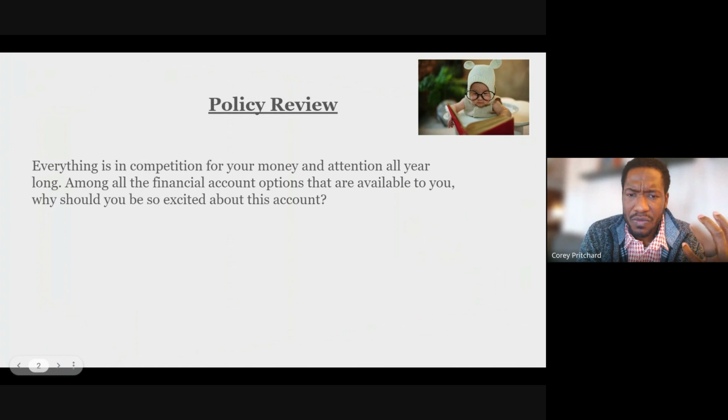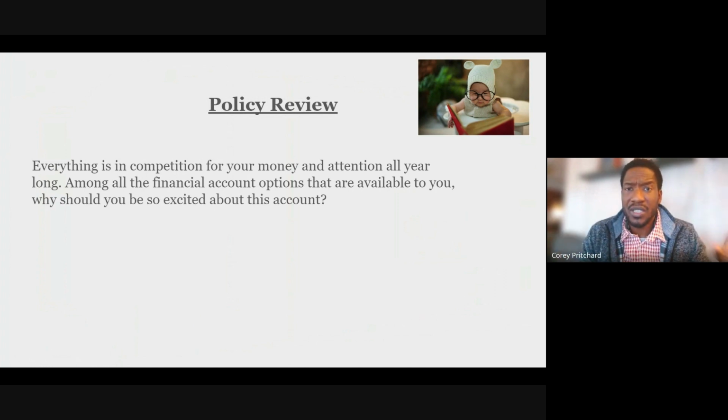Okay. And when we're looking at this, I said that everything is in competition for your money and attention for that money all year long. Like, your kids, right? Your expenses, your bills, your house, your car, everything is in competition for this same money, same dollar. And among all the financial accounts and options that are available to you, I'm asking, why should you want that money or those resources to go into an index universal life insurance policy, right?